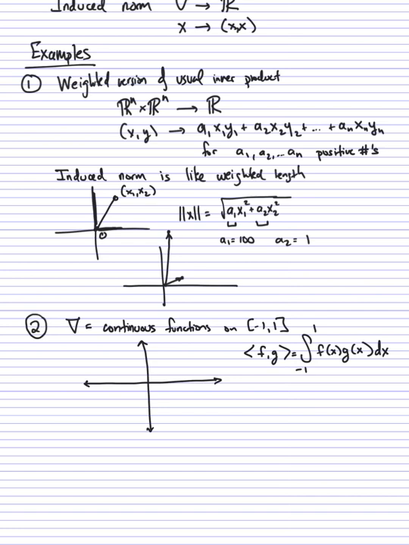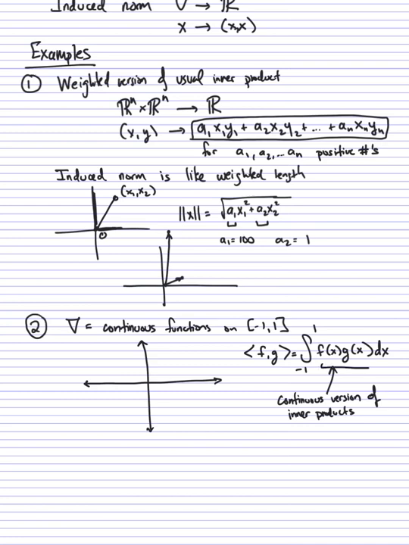And you can think of this as kind of a continuous version of the inner products above. Here you're looking at the products of these values and then summing them all up.